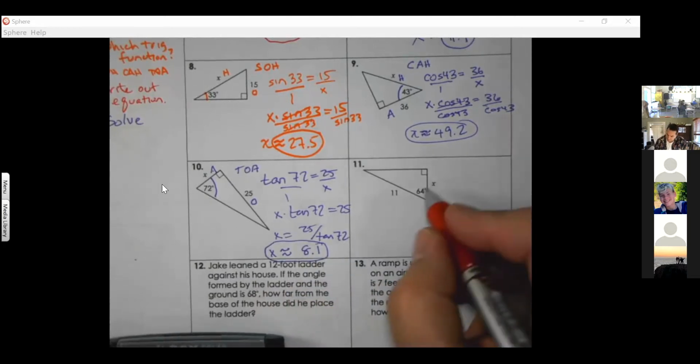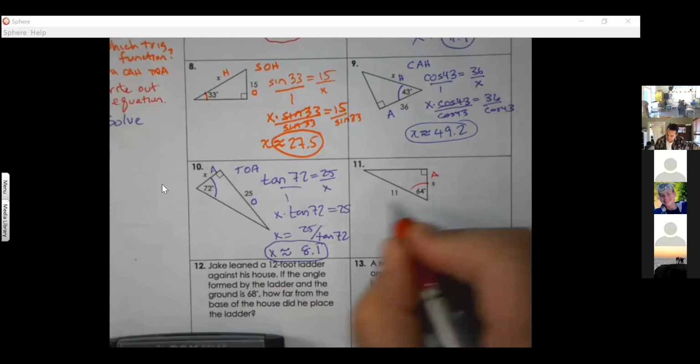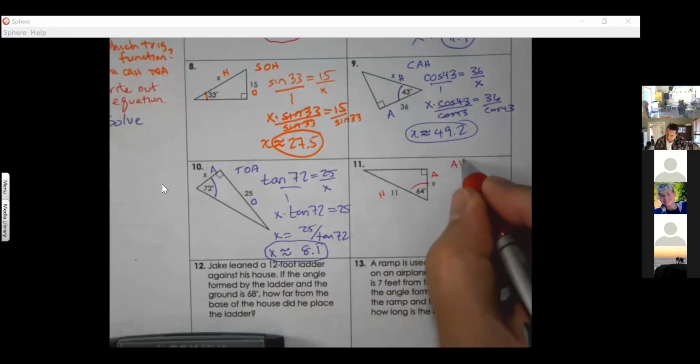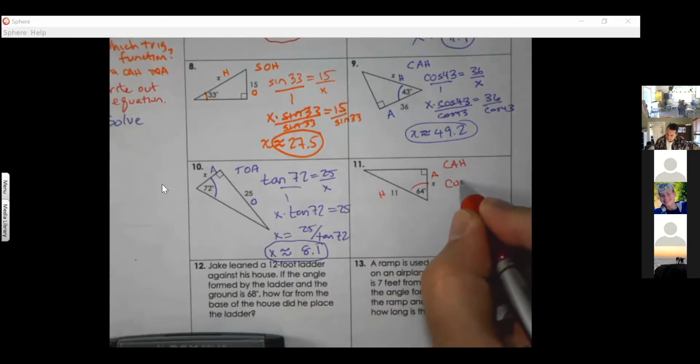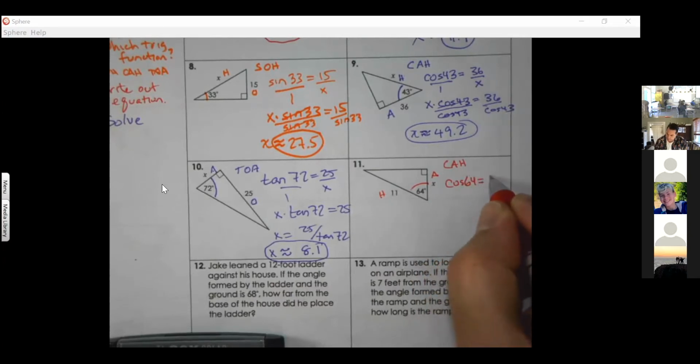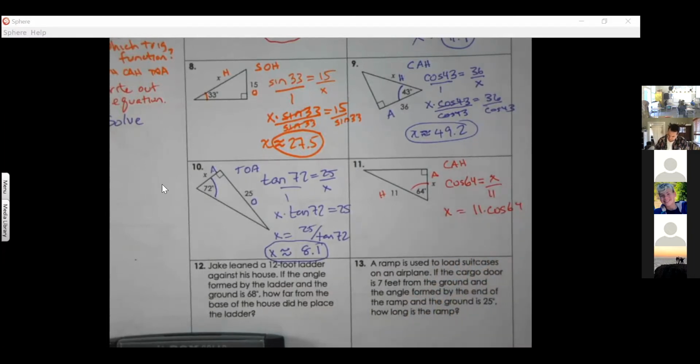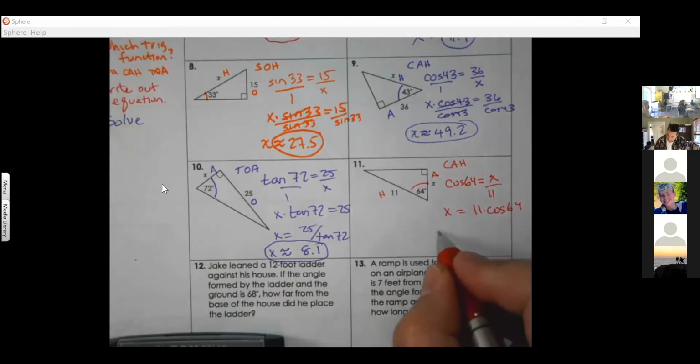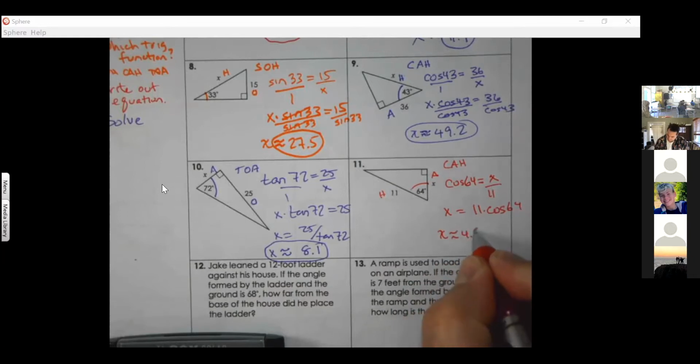And then over here, this is adjacent, this is hypotenuse. Cosine of 64 equals x over 11. This one's an easy one. 7.8.